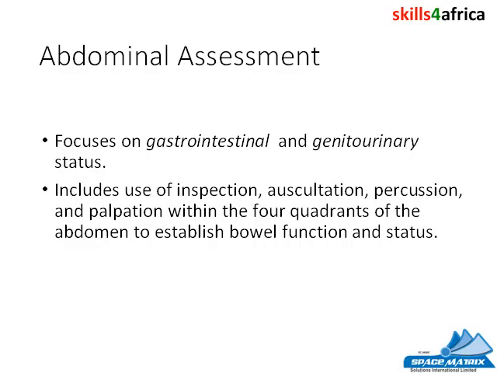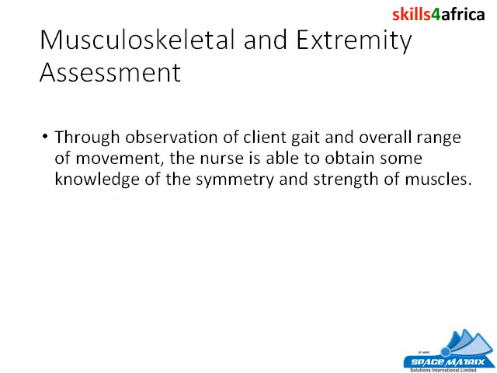Abdominal assessment focuses on gastrointestinal and genitourinary status. It includes use of inspection, auscultation, percussion and palpation within the 4 quadrants of the abdomen to establish bowel function and status. The musculoskeletal and extremity assessment is through observation of clients' gaits, how they're standing, walking, and overall range of movement.